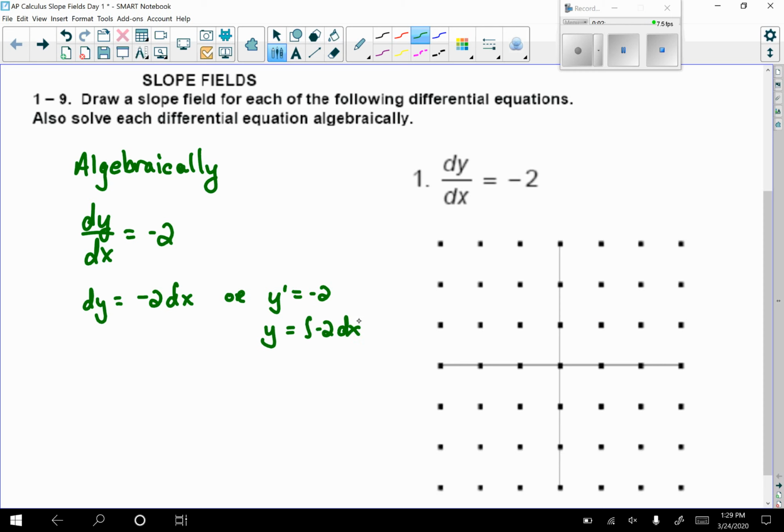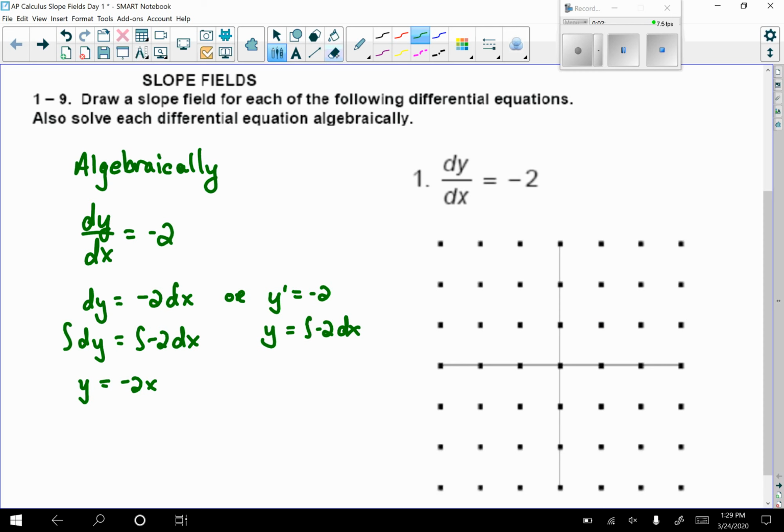So these are 2 different ways we could do this, and then we could take the integral of each side. But the way I have this over here on the left, the dx is already there. If you forget to put the dx over here on the right, then you're going to miss a point for forgetting that. So over here, this is where we're getting y is equal to -2x.